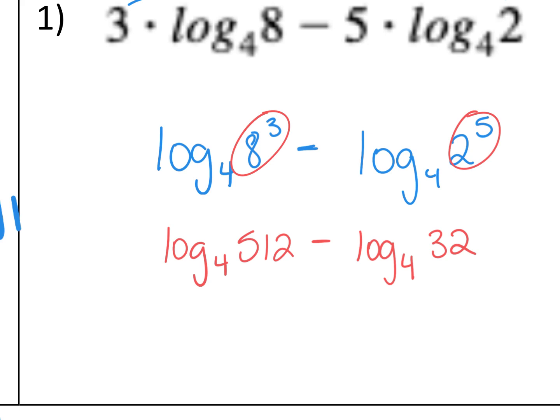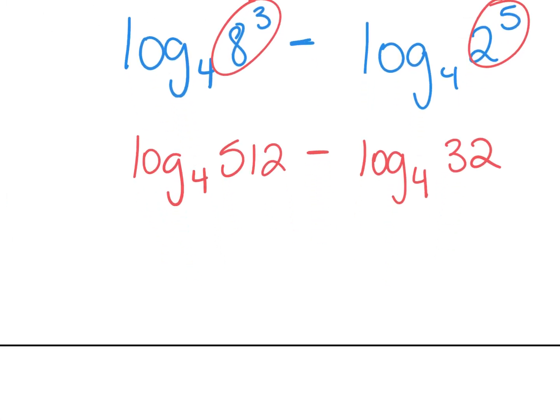Am I done yet, though? Not quite. What do I still have left that can't be there? Subtraction, which means what? Divide. What am I dividing? Keep my log and my base, but what am I dividing? 512 divided by 32. We always keep them in order.